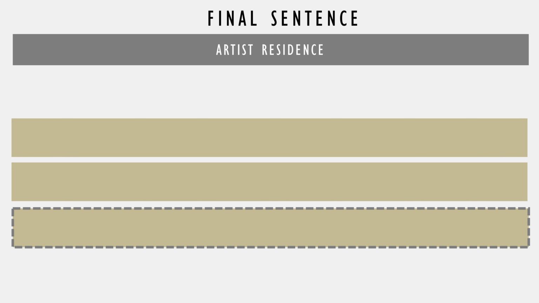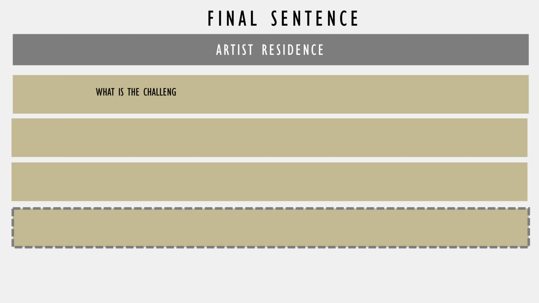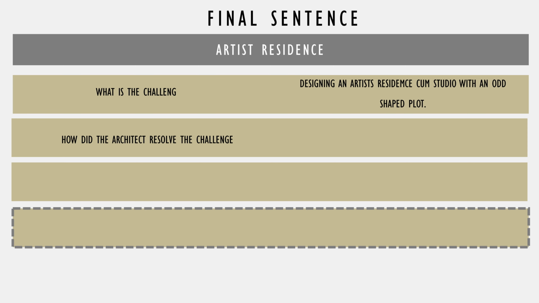We have to apply a similar aspect to our case studies also. Final sentence. Artist residence. What is the challenge? Designing an artist residence cum studio with an odd-shaped plot. How did the architect resolve the challenge?